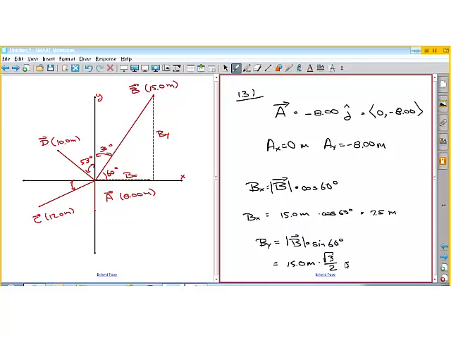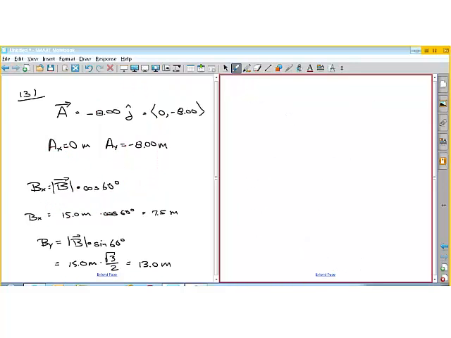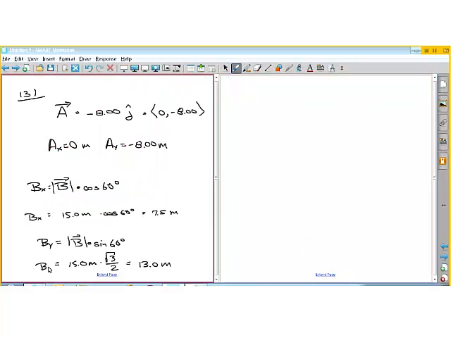We can just put the sine of 60 degrees in our calculator, and we get 12.99, so we'll round that up to 13.0 meters. Does that make sense? This should be shorter than that, which it is. So that seems to make sense.